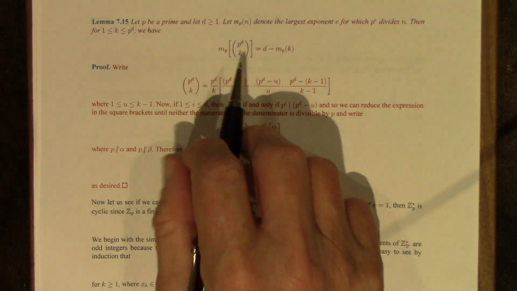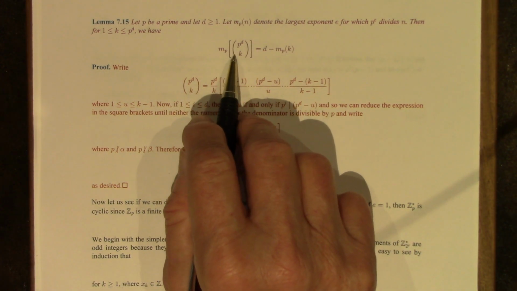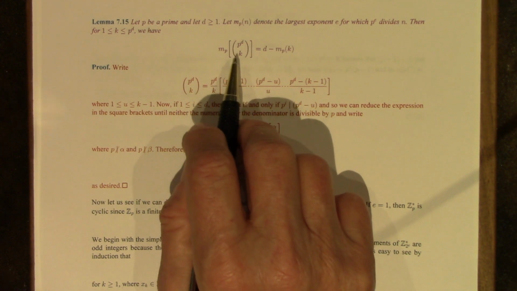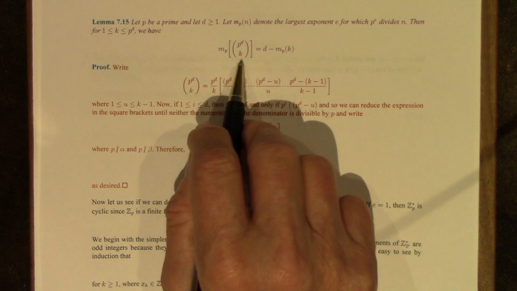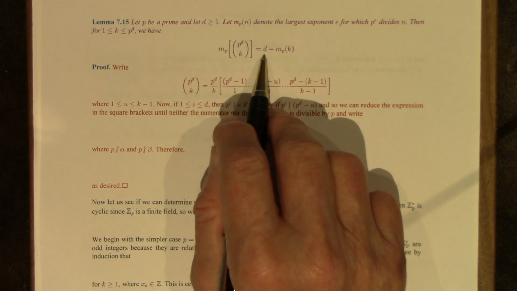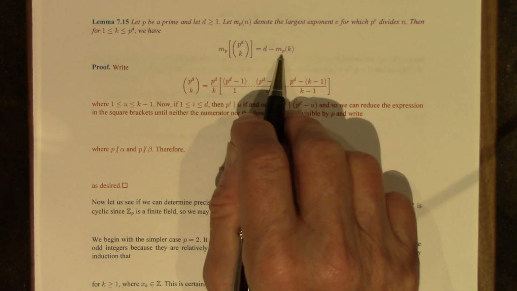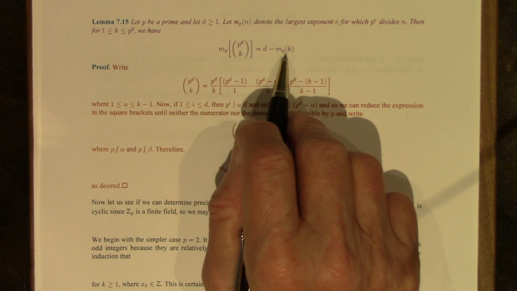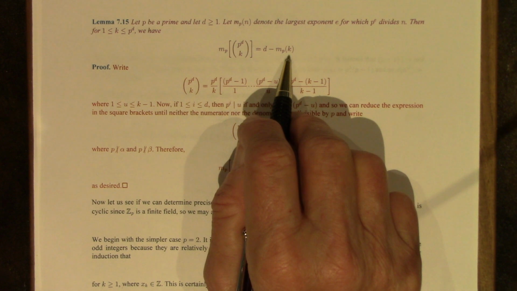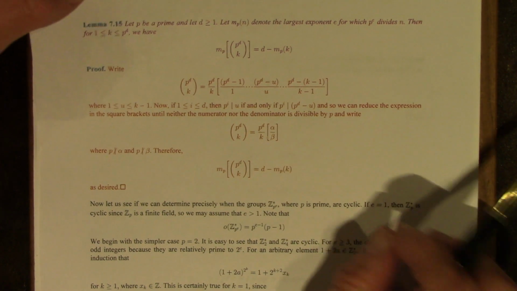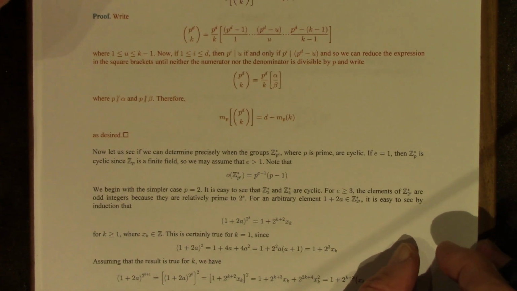So in words, the largest exponent e for which p to the e divides this binomial coefficient is equal to d minus the largest exponent, let's call that e, of p for which p to the e divides k. Okay, so let's look at the proof.